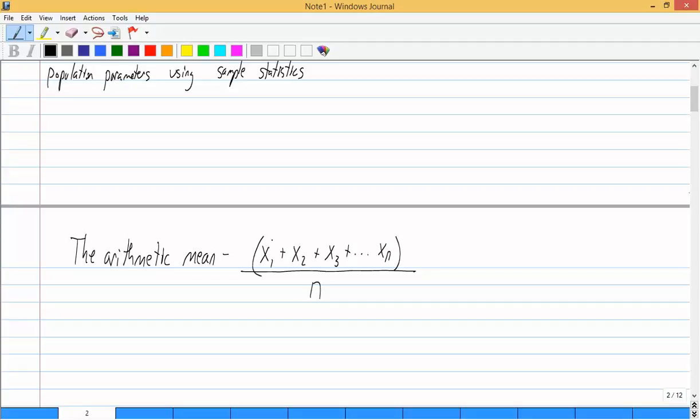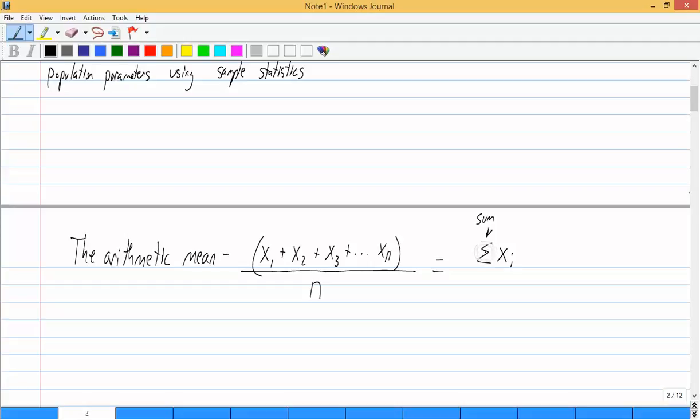Anytime you sum up a number of items like this, another way that could be written is the sum of x sub i, where x sub i would be the data items, the first x, the second x, the third x. This symbol right here is an uppercase sigma, and in all of mathematics it refers to taking a sum. So anytime you see this symbol, you want to think sum.